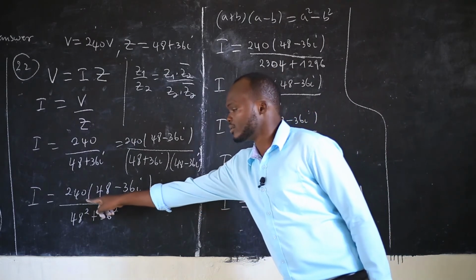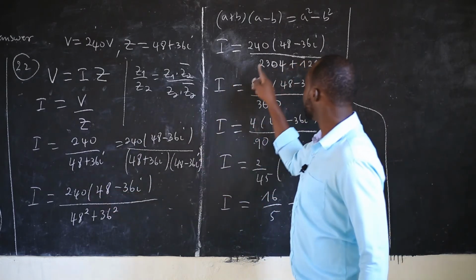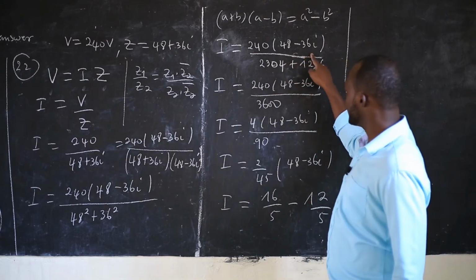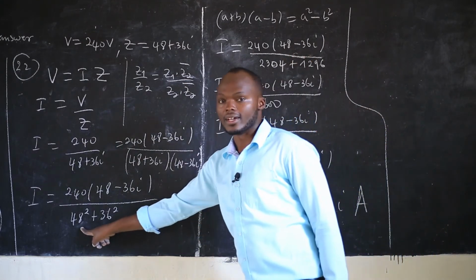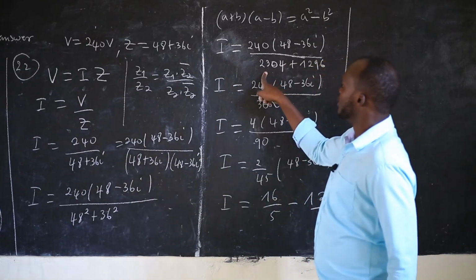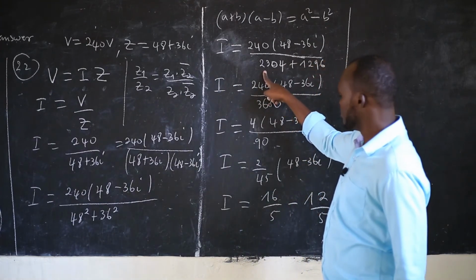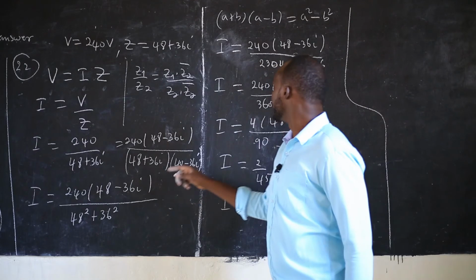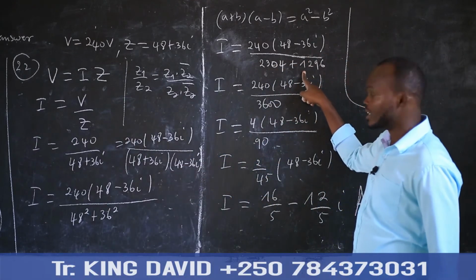Our current is going to become 240 into bracket 48 minus 36i divided by 48 squared, which is 2,304, then 36 squared is 1,296.